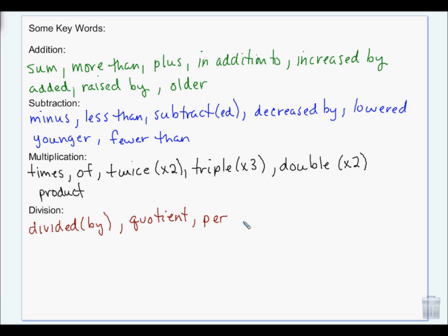Because cent is the word for 100. That's why we call pennies cents. Okay, so quotient, per, divided by. You might have half, which is to divide by 2, or a third, which would be divide by 3. A quarter, divide by 4.